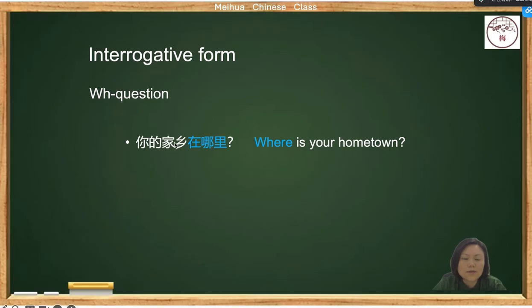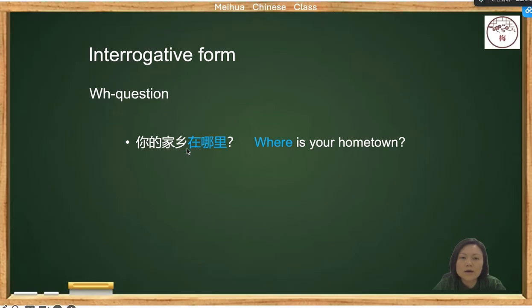Another one. 你的家乡在哪里? 在哪里 is the predicate of the whole sentence. In the declarative sentence form, this part is a place, right? Either a city name, a town name or a country.